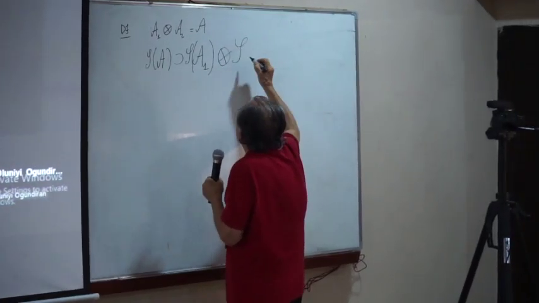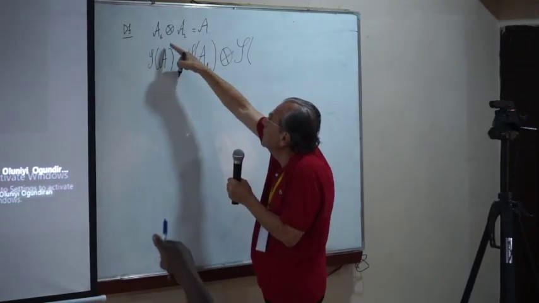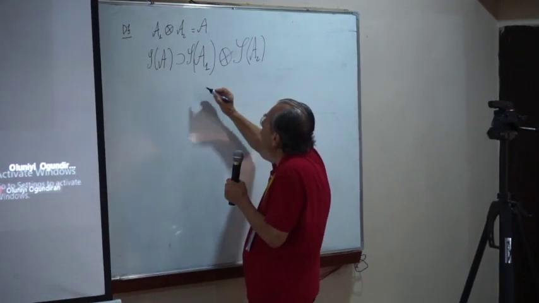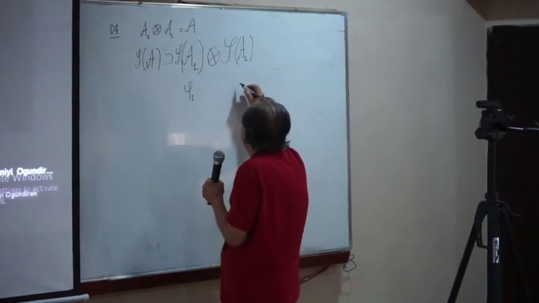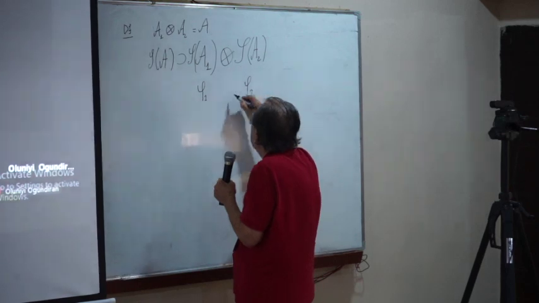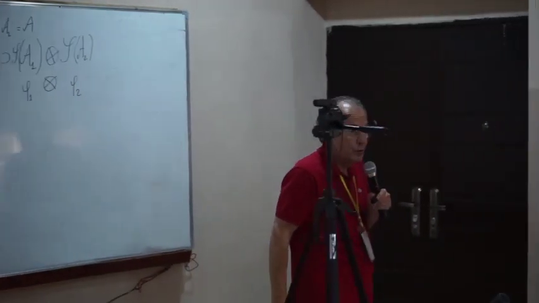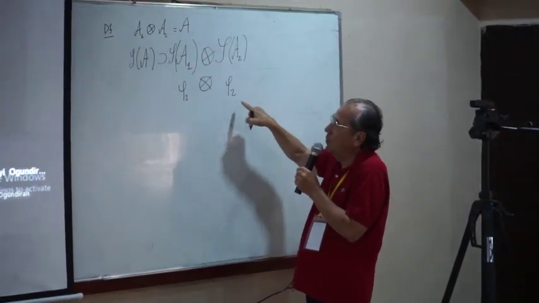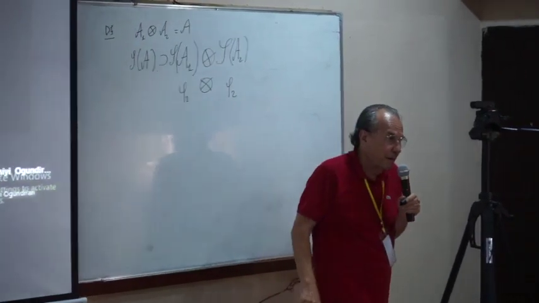If phi1 is a state on the algebra A1 and phi2 is a state on the algebra A2, you can form the tensor product.